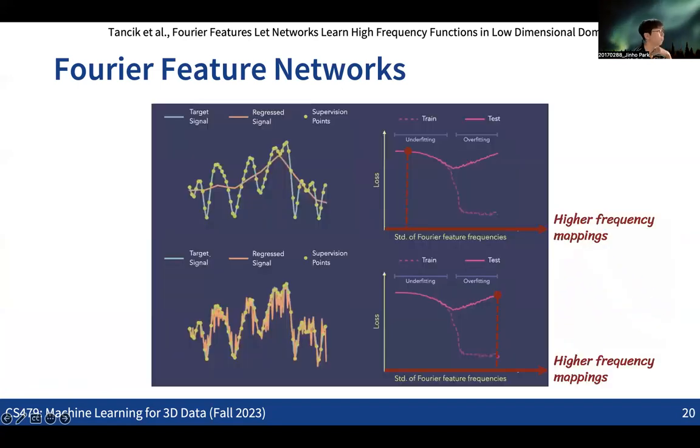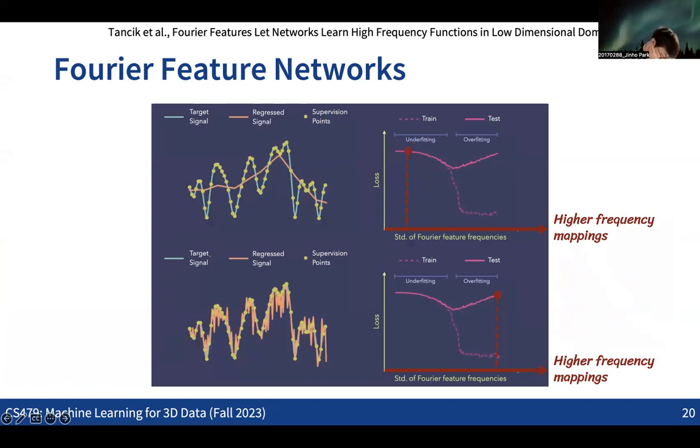Yeah, so this is the result. When we have lower weight for the higher frequency cosine and sine functions, we see underfitting results like this. And as we increase the weight for the higher frequency cosine and sine functions, we see overfitting results like this.